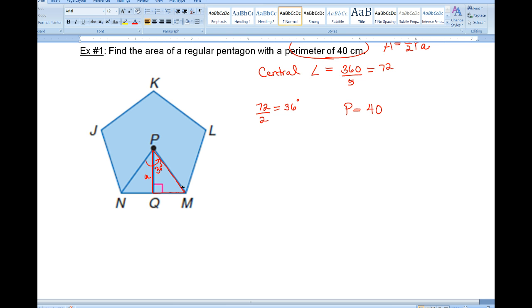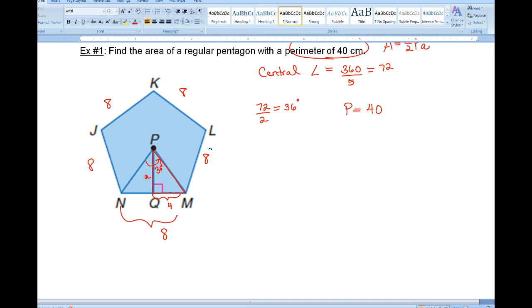Now, if the perimeter was 40, what does that mean each side is equal to? Every side is 8. So if this side is 8, then this little piece is 4, because it's half of the side.